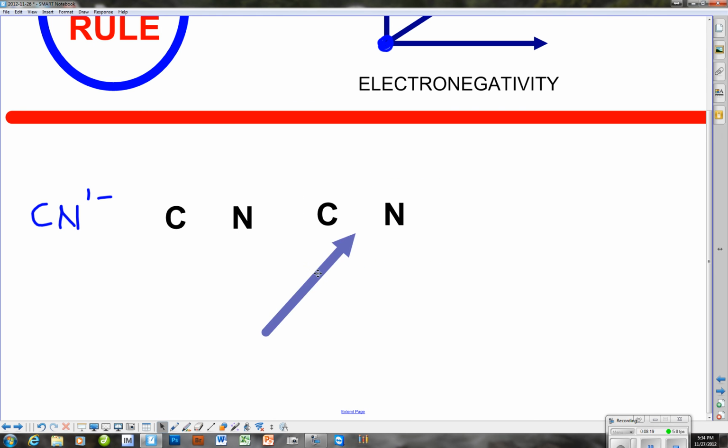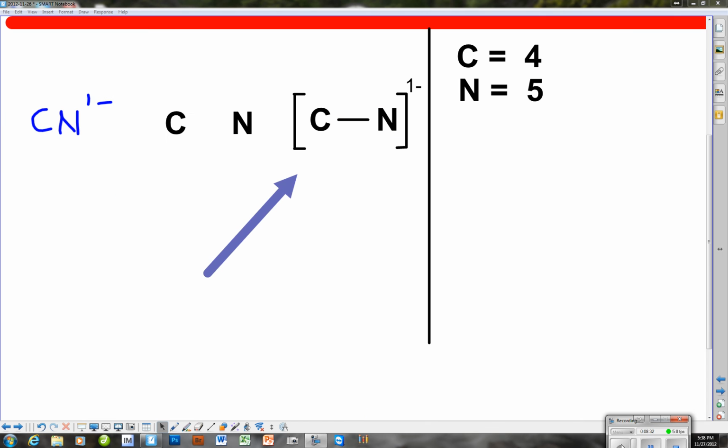The carbon and the nitrogen are going to be bonded with only 1 shared pair of electrons, like this. And now we're going to do the numbers. Okay, I took a little pause to build this up a little bit, and what I've just added is these brackets, which is what's typical of all ions. When we do ions, we always put them in brackets when we're doing the Lewis structure.